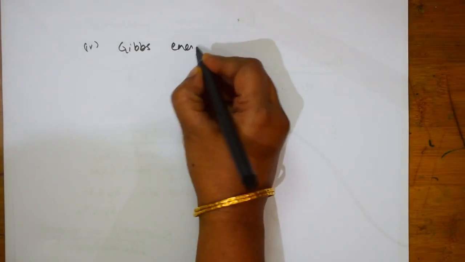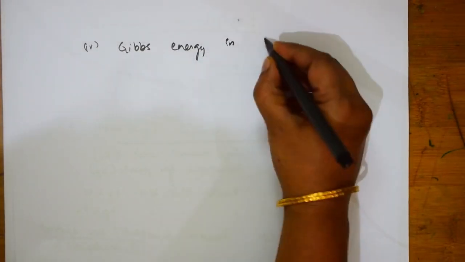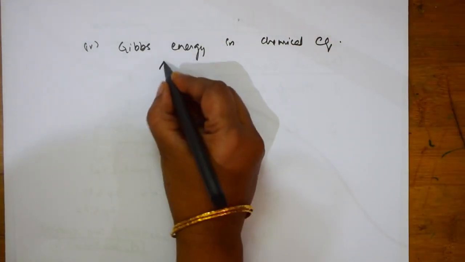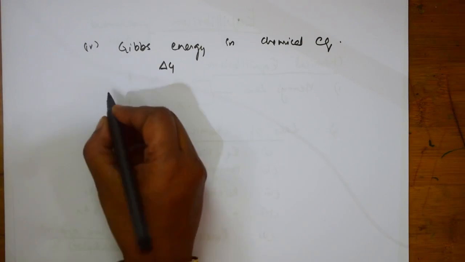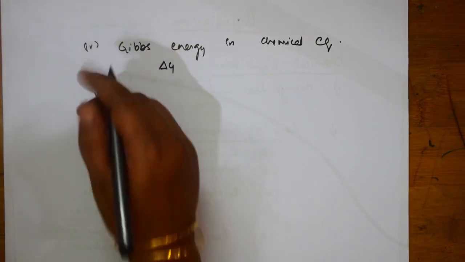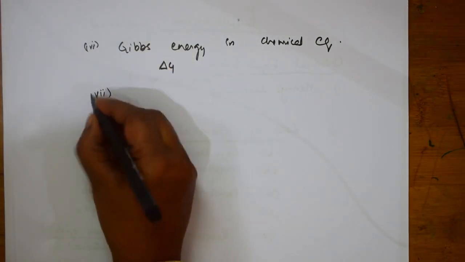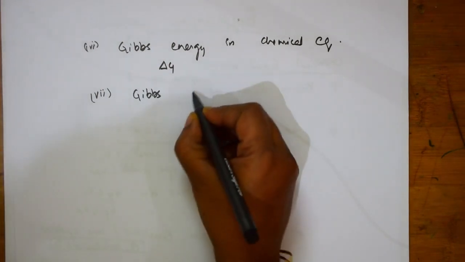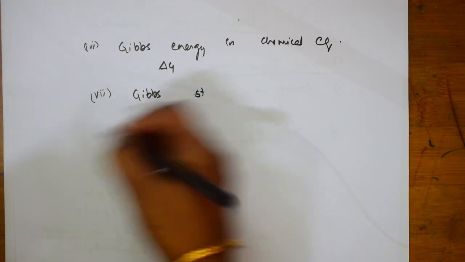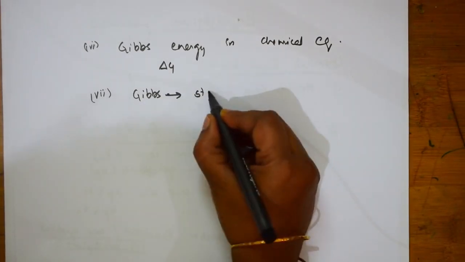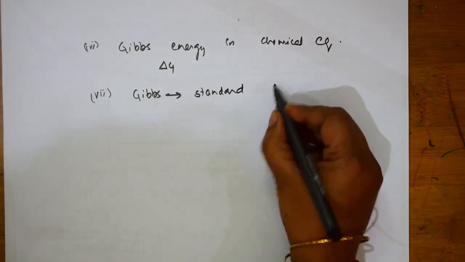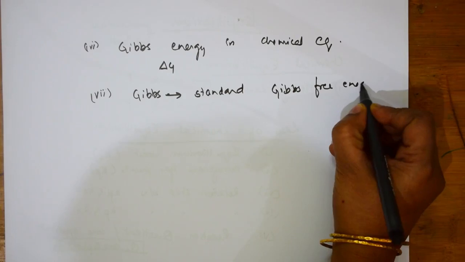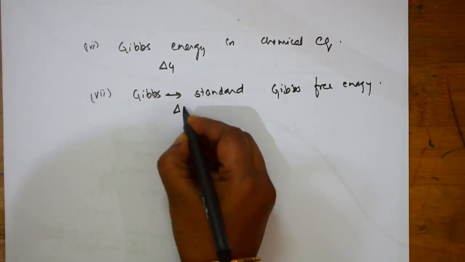In chemical equilibrium, Gibbs energy is denoted by delta G. The same Gibbs energy, if you are studying under standard conditions, then we call it standard Gibbs free energy. It is denoted by delta G naught.